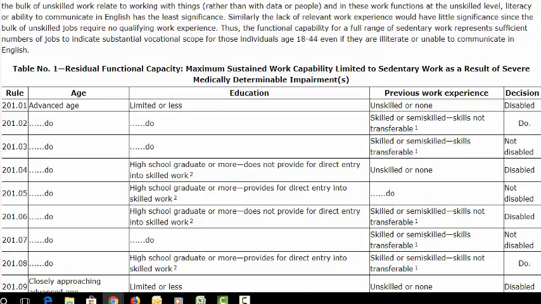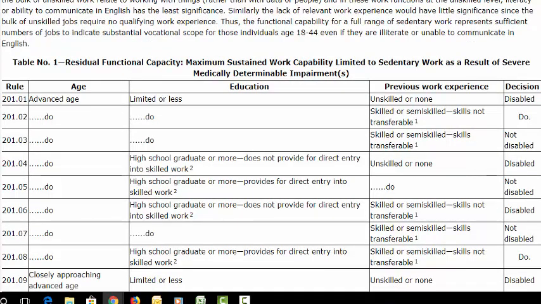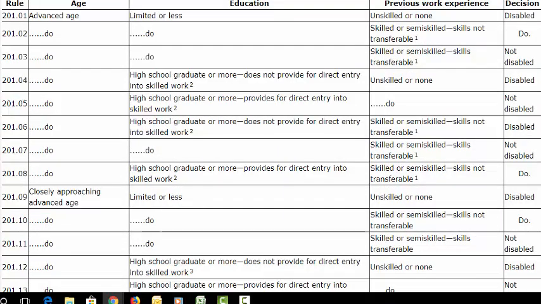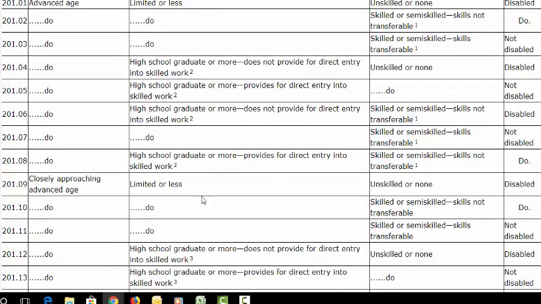The first thing I'm going to do is show you an example of an individual that is closely approaching advanced age.